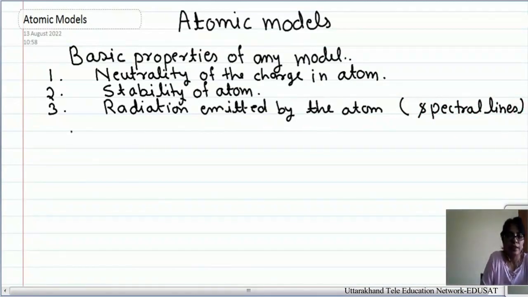So in 1898, the first model we can say was the Thomson model.